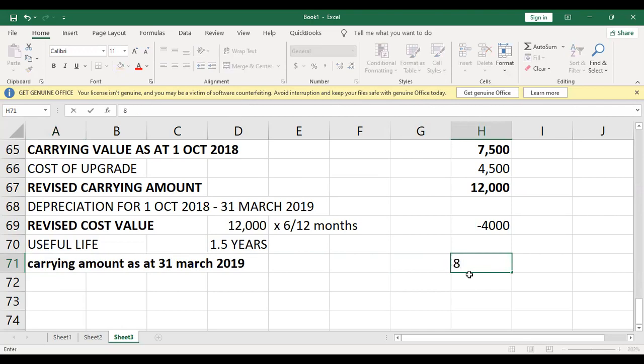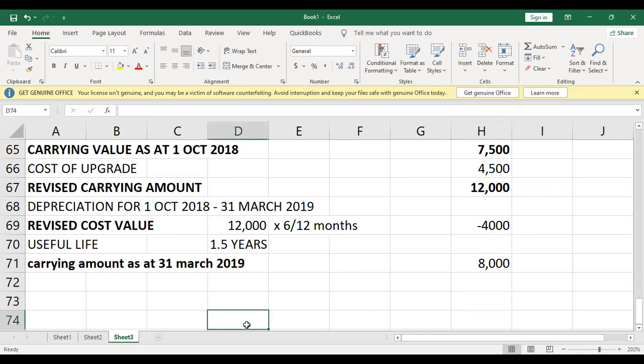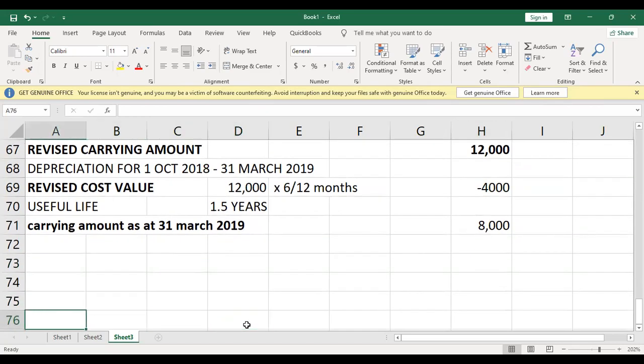We have 4,000. Then we subtract, and we have 8,000 to remove. So let's now add all the depreciation under cabin fittings.